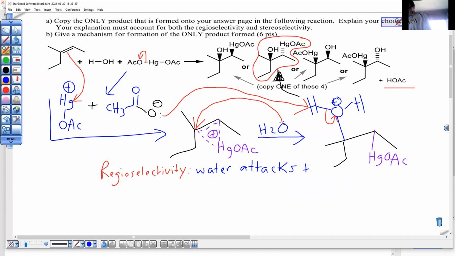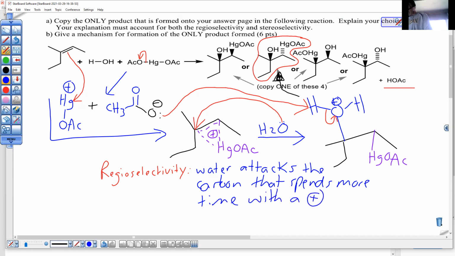Water attacks the carbon that spends more time with a plus charge. Now, why does that carbon spend more time with a plus charge? You can just write hyperconjugation right here. I need to see that word. If I don't see that word, you're not getting that point.